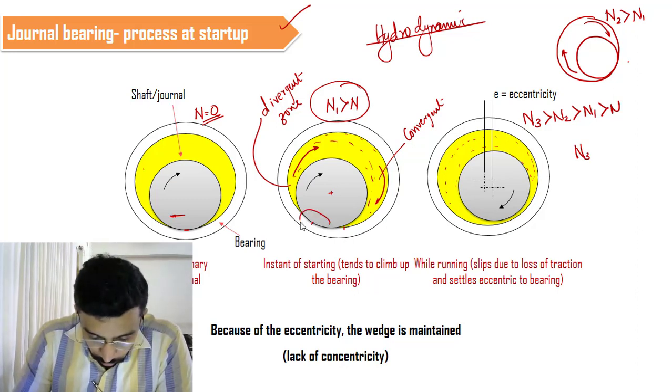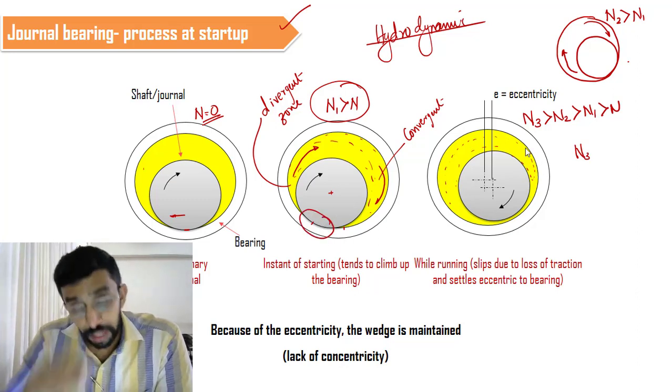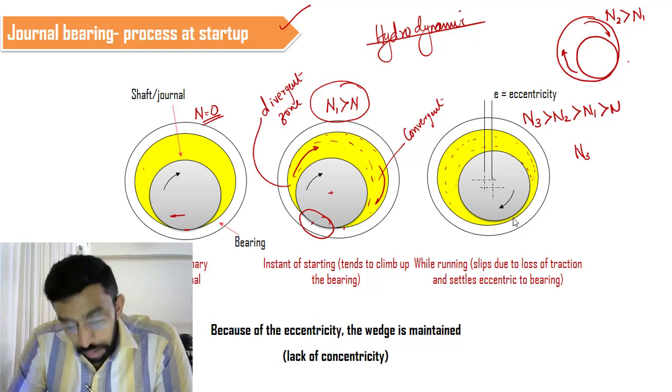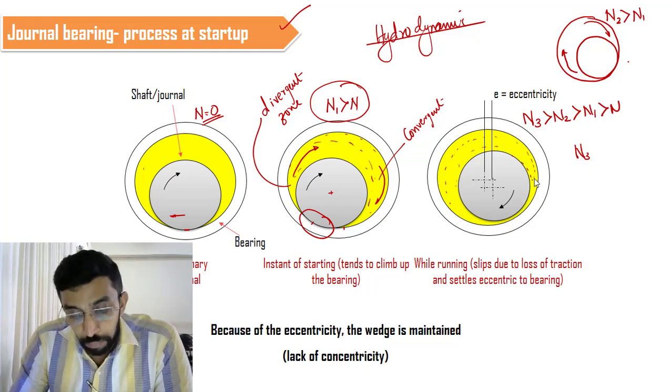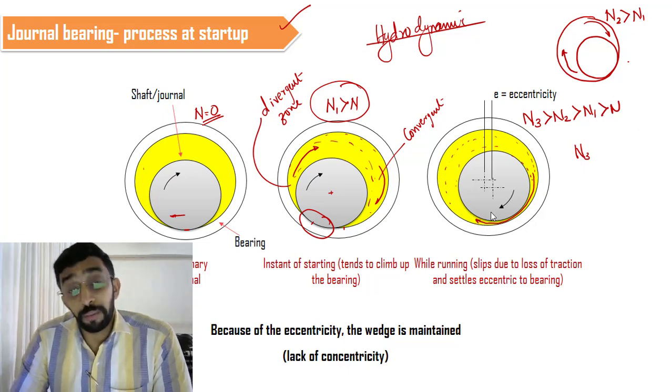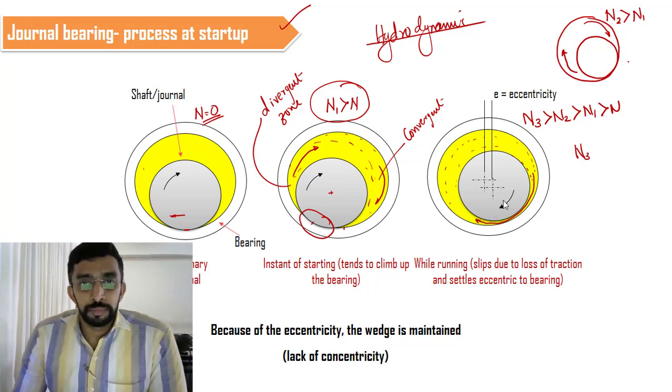You look here we have a physical contact, but that particular lift force will lift this shaft to some elevated position, and because of that the oil will travel through the shortest path from the convergent zone to the divergent zone.